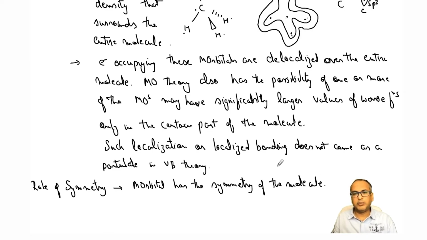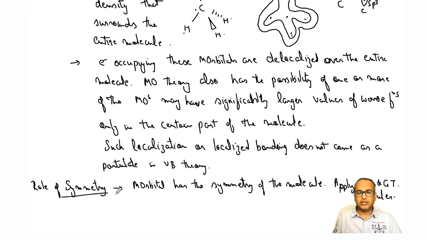Why does it have the symmetry of the molecule? Because it is spread around the entire molecule, right? Once we say that the molecular orbital has the same symmetry as the molecule, we can immediately think of applying symmetry and group theory rules, right? So we can say that symmetry plays a role in the formation of molecular orbitals, right?